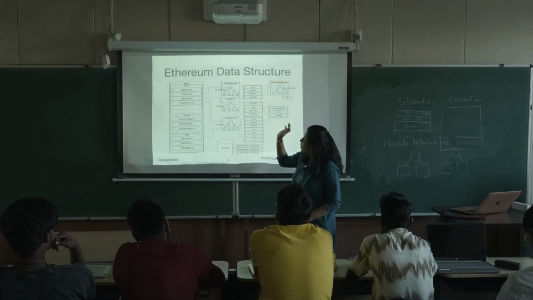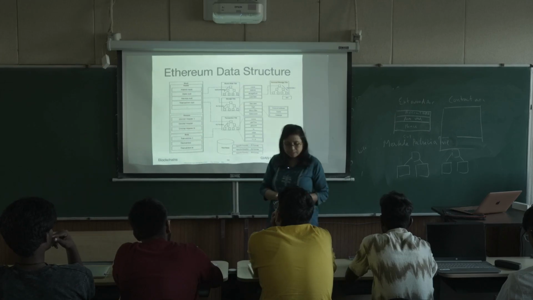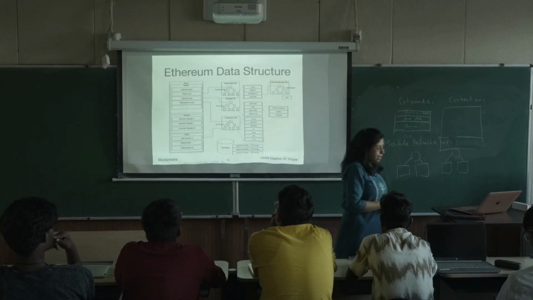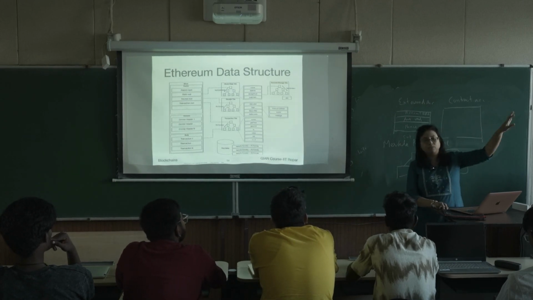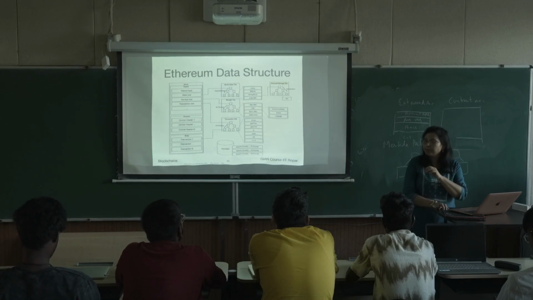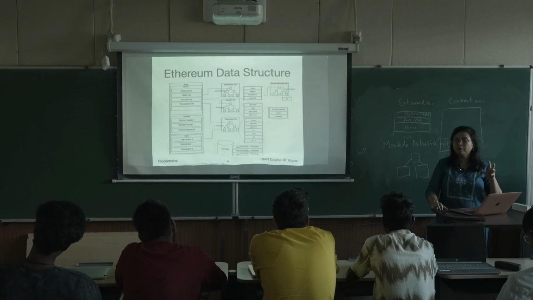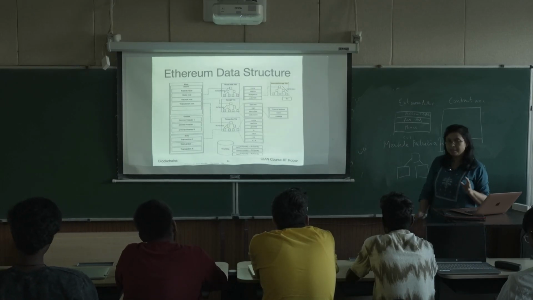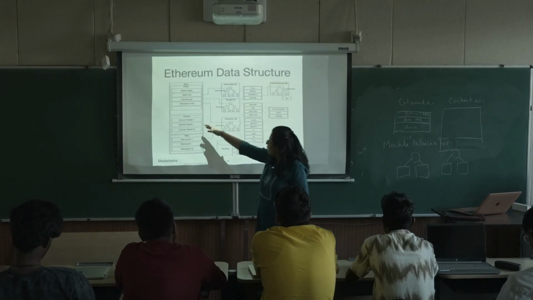Now, these are the uncle blocks. In Bitcoin, if a block is abandoned, it is completely thrown out. I mean, it's not kept anywhere. In Ethereum, there's a concept of an uncle block, which means that these were kind of orphaned blocks, but they are still included. So these are some of the uncle blocks.